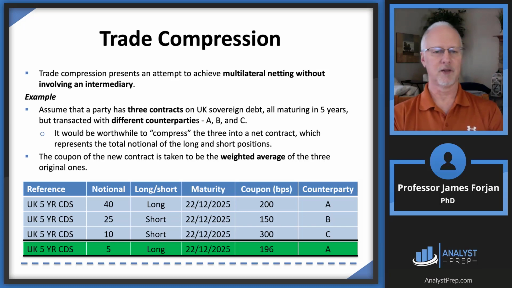So do 40 out of 75 times the 200, 25 out of the 75 times the 150, and 10 out of 75 times the 300, kind of a weighted average coupon for your compressed trade. And that's just with the one counterparty. And so, looking at the green at the bottom, it's a lot simpler to keep track of the green than it is to keep track of the 3 blues.